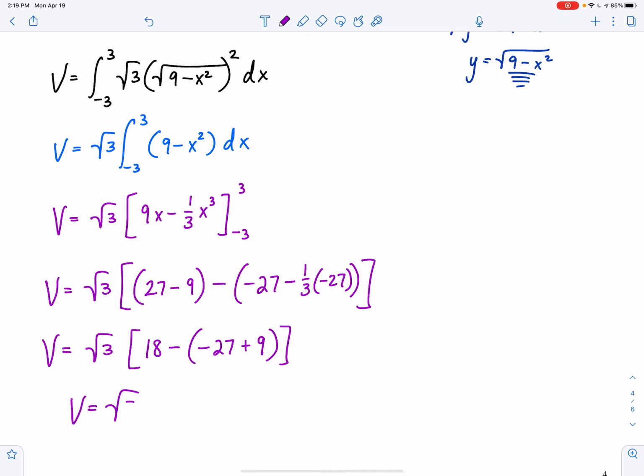Feel free to take as many or as few steps as you like to find out that this is 18 plus 18, which means our volume is 36 square roots of 3 cubic units.